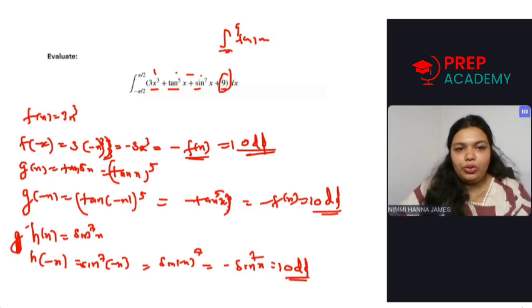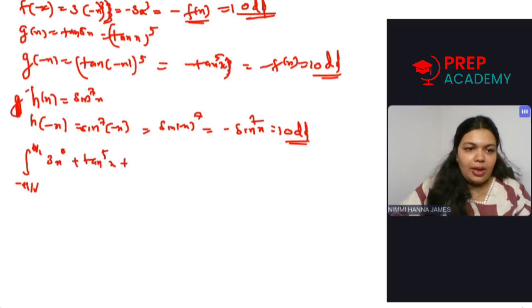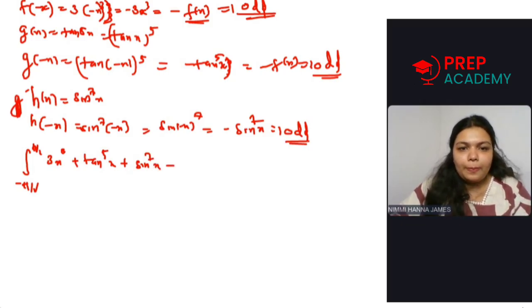So up to this, I'm splitting this whole question. We had the integral from minus pi by 2 to pi by 2 of 3x cube plus tan raised to 5x plus sine raised to 7x plus 9 dx.